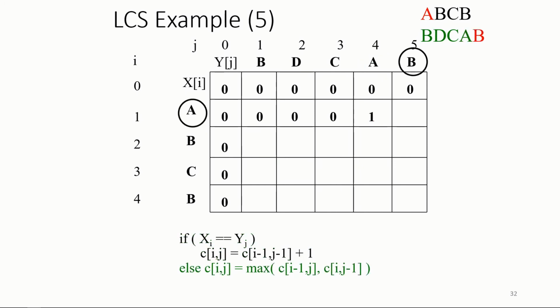Similarly, we don't have a match, so we will take the max of left cell and the up cell. Similarly, we will populate all the other cells. Here we have a match, so we will take the value from the diagonally up plus 1.